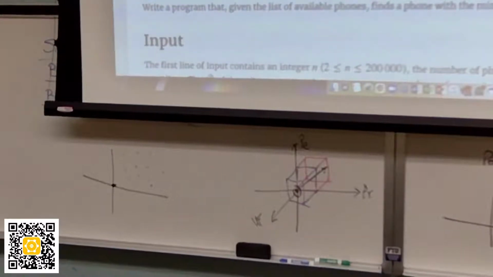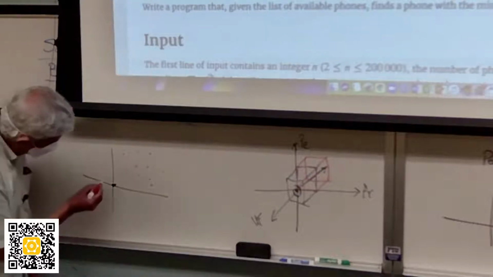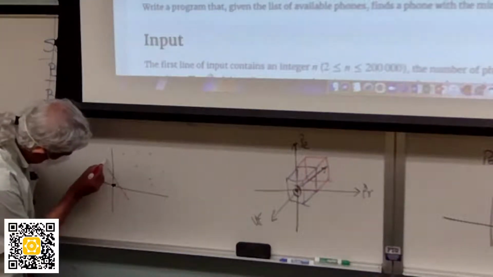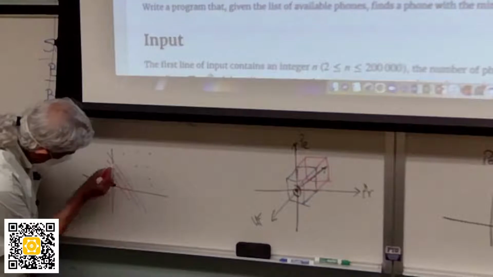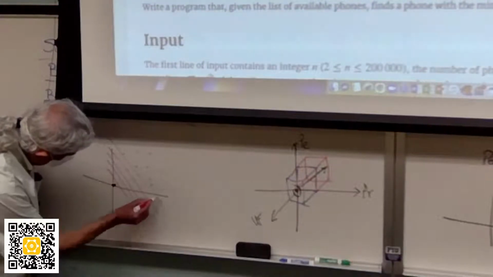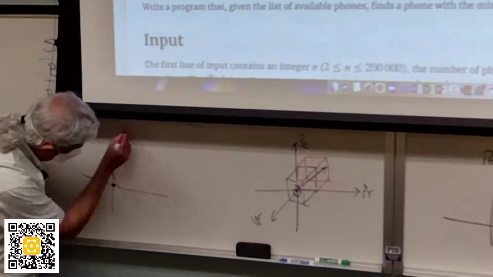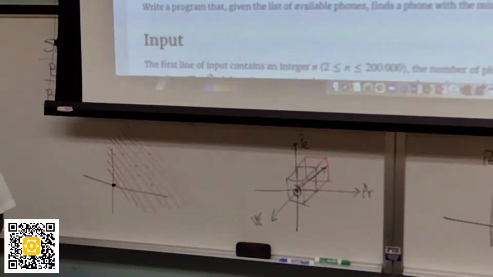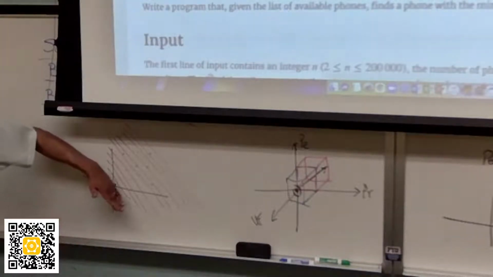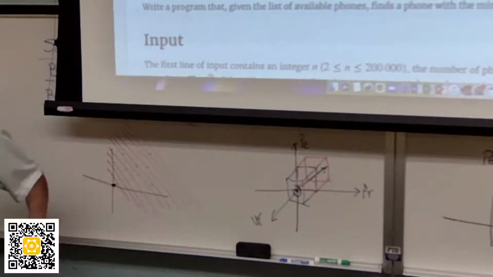Right? So what I do is I draw this 45-degree line and I sweep it. How does that help me? The 45-degree lines, anywhere on the line the same.